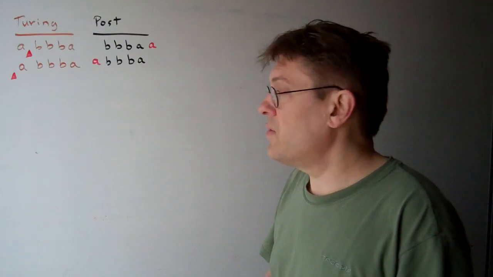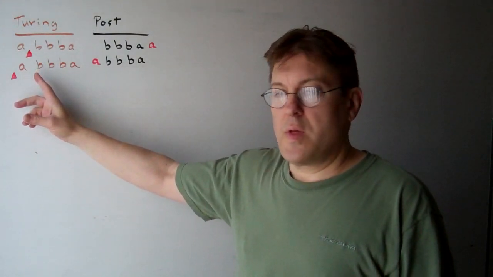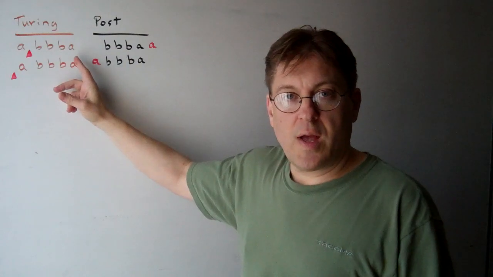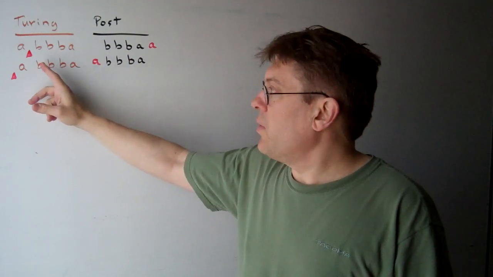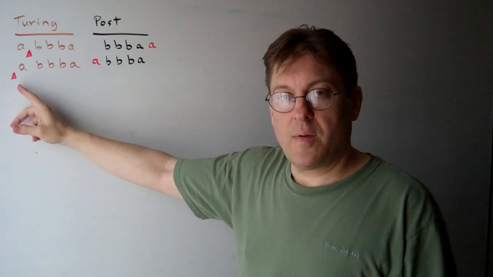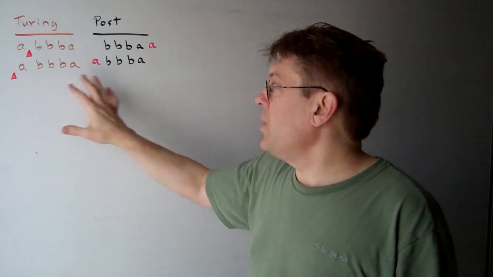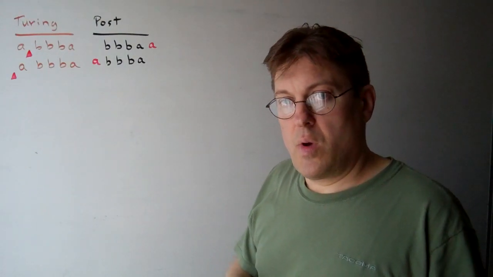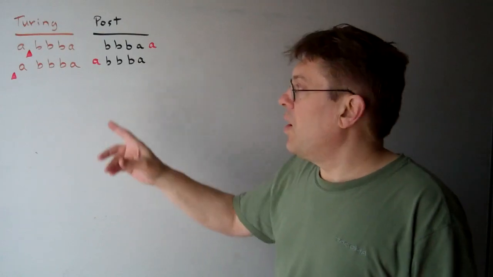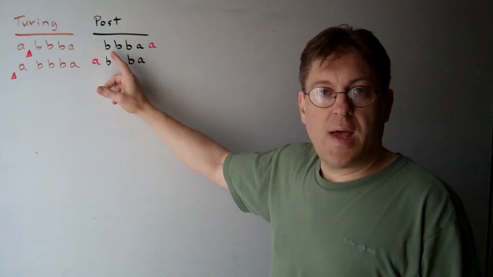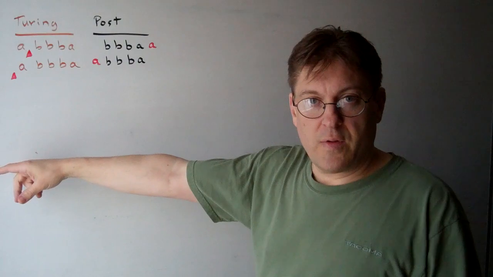The problem we had yesterday was, we want to show that if we have this particular string on a tape in a Turing machine, and we want to shift the tape head left, how do we do that in a Post machine? Well, the concept is that in a Post machine you wouldn't have anything prior in the store.